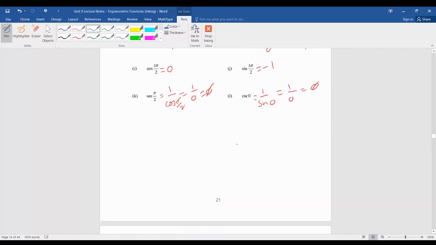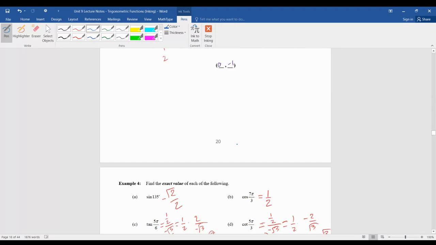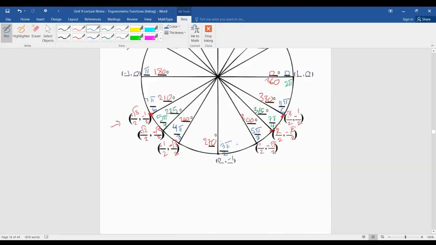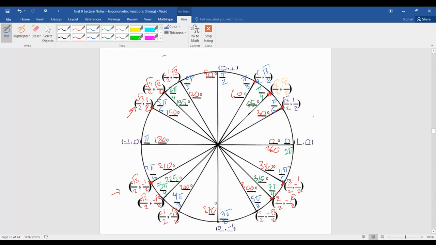Maybe that's easier. Okay, so the sine of 30 degrees is 1/2. So we're talking about the sine. Now the 1/2 repeats again over here, the sine, the y coordinate.